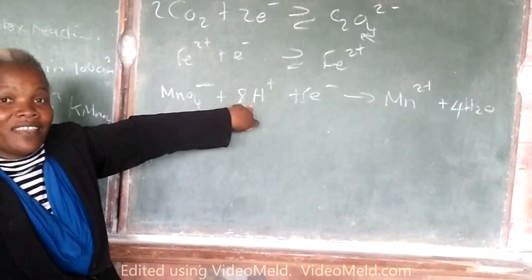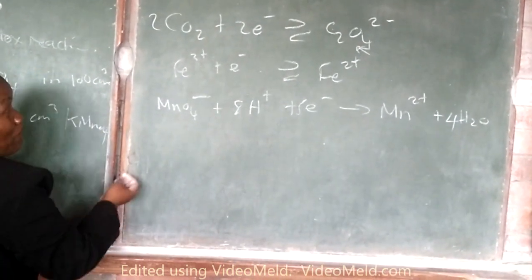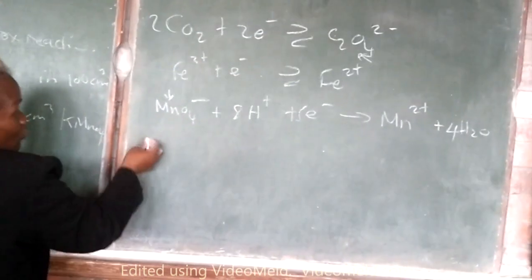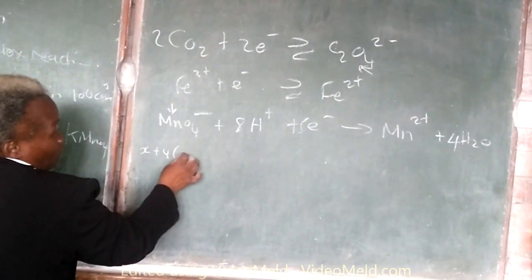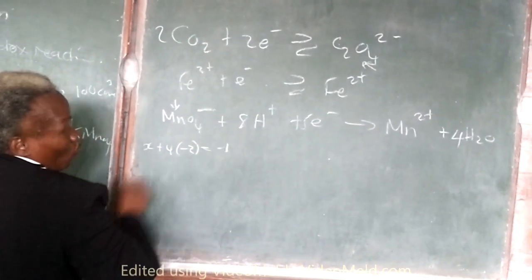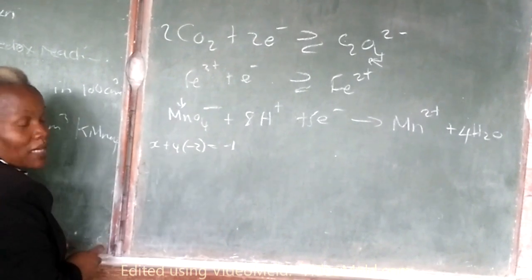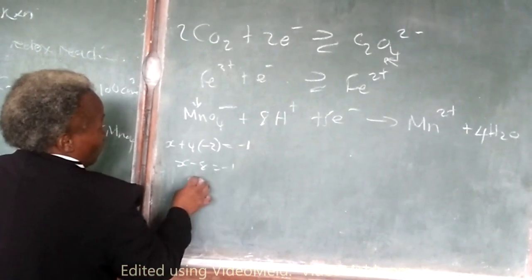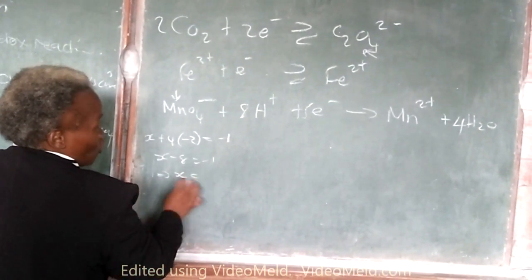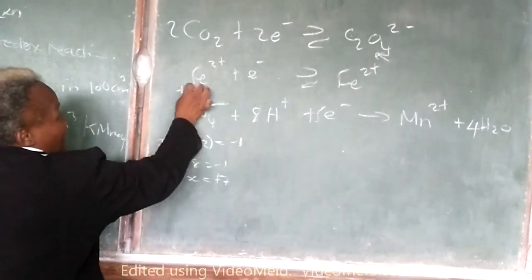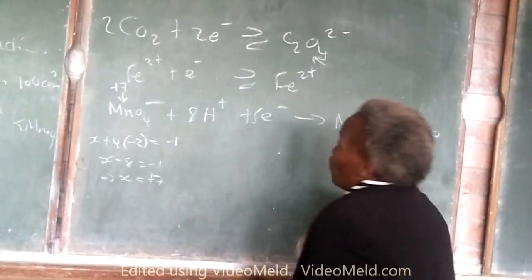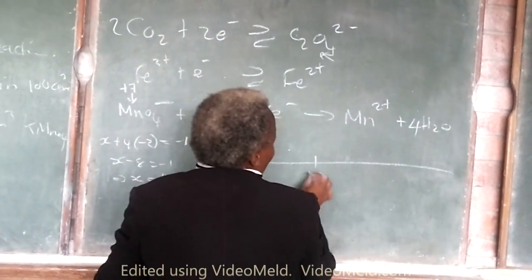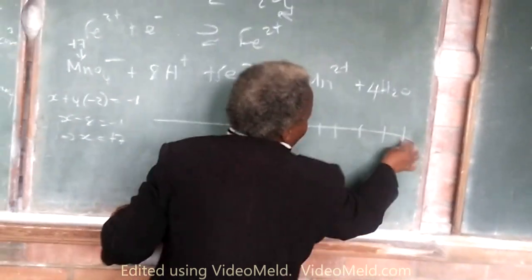This is one way. Or the other way, I must determine the oxidation state of manganese in the permanganate. So X plus 4 times minus 2 is equal to minus 1, because it's an ion, so the sum should add up to the charge. So X minus 8 is equal to minus 1, therefore X is equal to plus 7. So I'm moving from plus 7 going to plus 2. We can construct our number line if the math is a bit difficult for us: 0, 1, 2, 3, 4, 5, 6, 7.